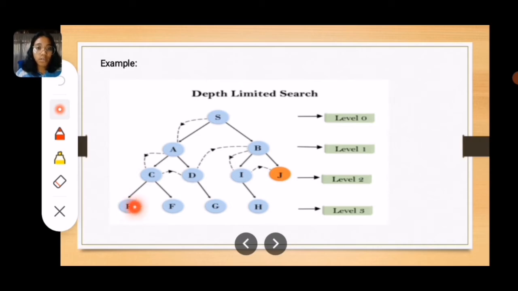So, we go back to D. Then A has been visited. We go to B. We backtrack to B. Then going to I, then to J. So J is the goal node. We have reached the goal node J, which is at level 2.